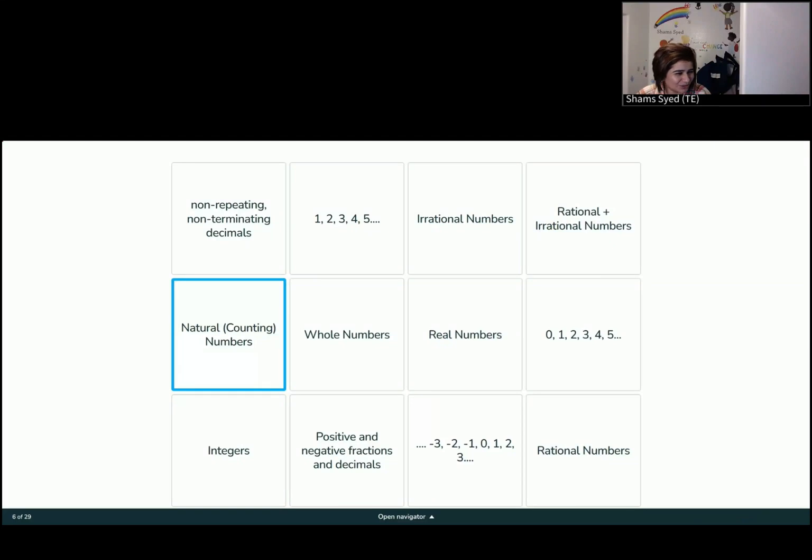You are allowed to hop on the mic, type in the chat, or use your Nearpod. These are multiple ways we can participate in this class and engage. Natural numbers.